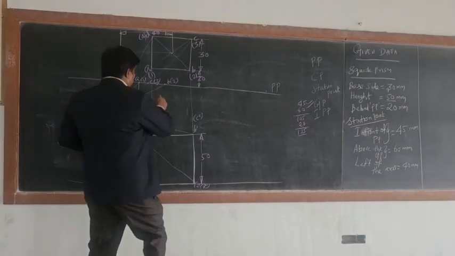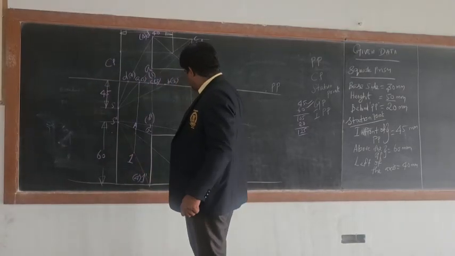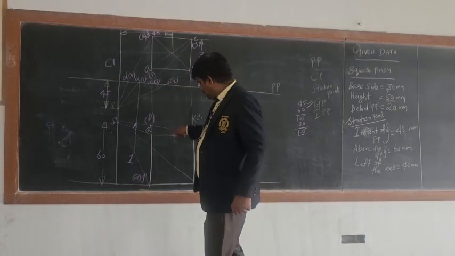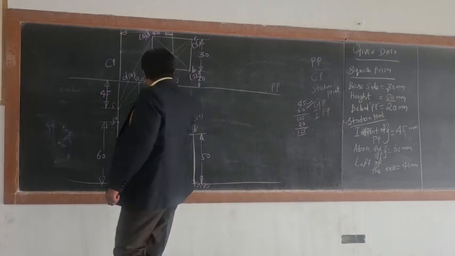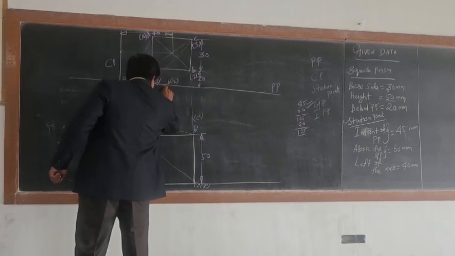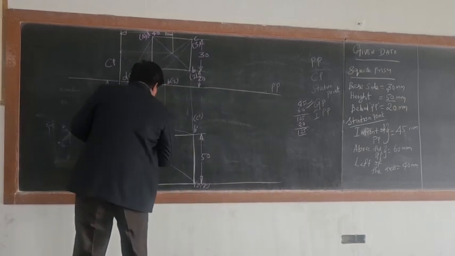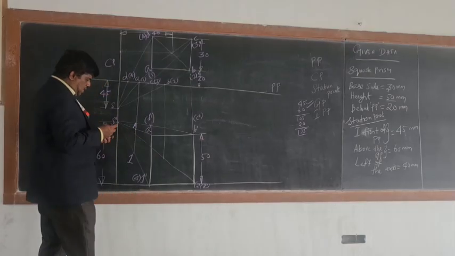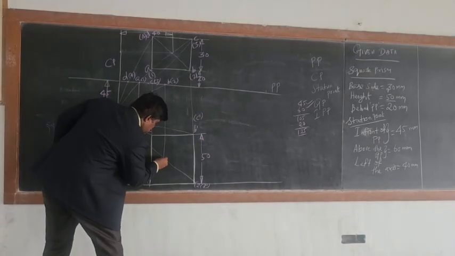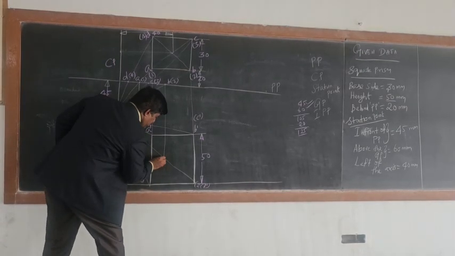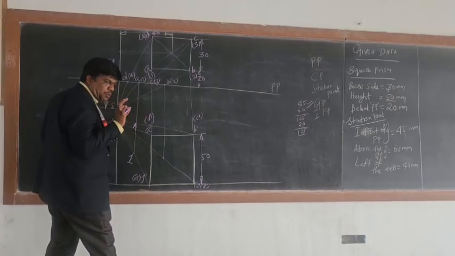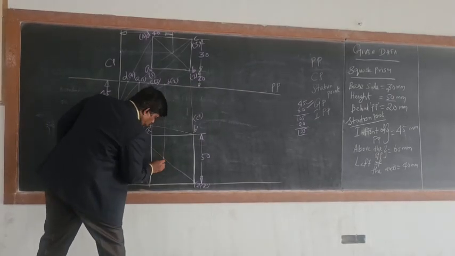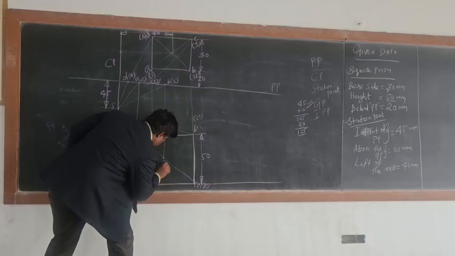Then B and 2 we can connect. So B goes here, then 2 here. So draw a rectangle line. These are conceptual lines only, so use a 2H pencil only.